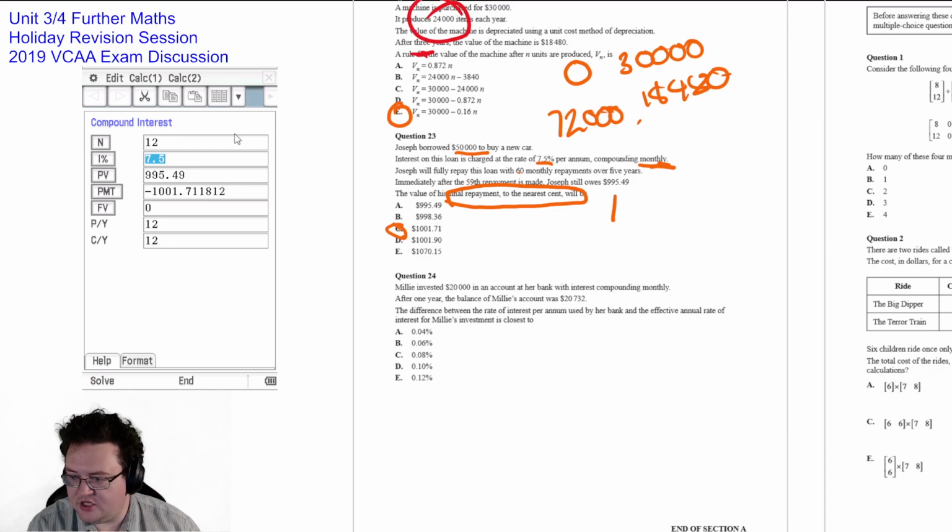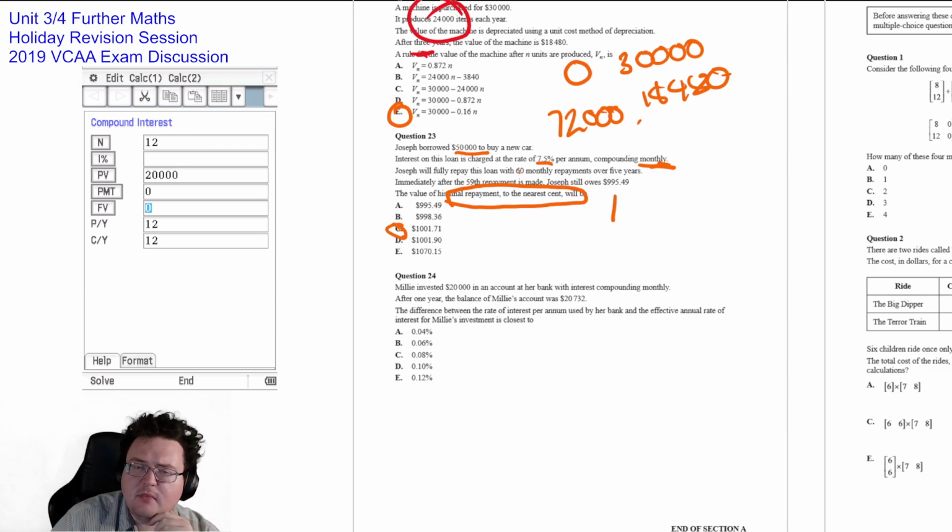The interest rate we don't know. We know the principal value was 20,000. After 1 year, payments made, we don't need to make any payments.